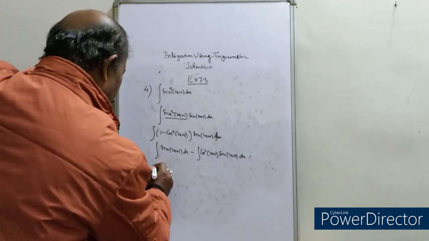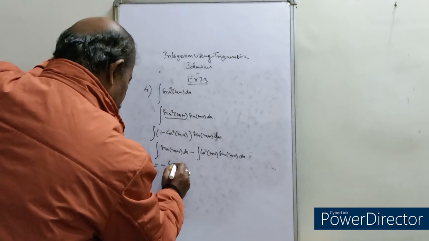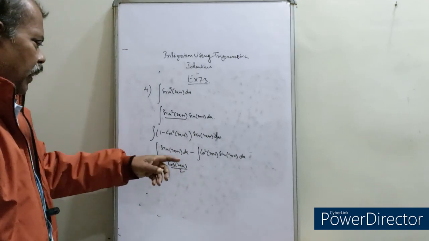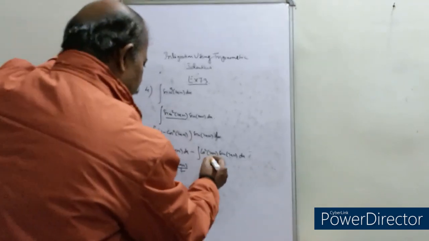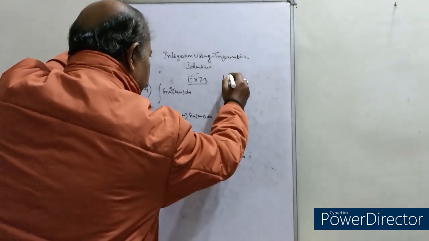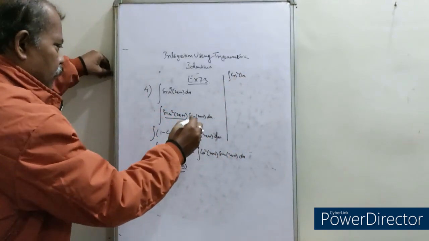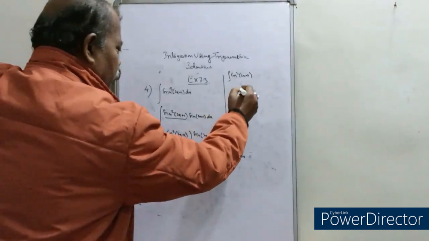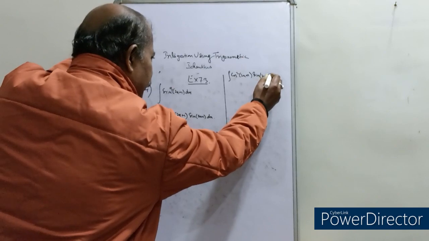So this comes out to be minus cos (2x + 1) by 2, and here you can go for substitution. Let me do this part here, that is the integration of cos square (2x + 1) sin (2x + 1) dx.